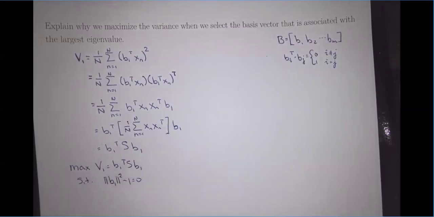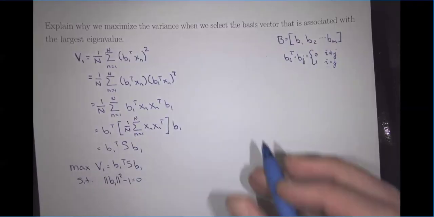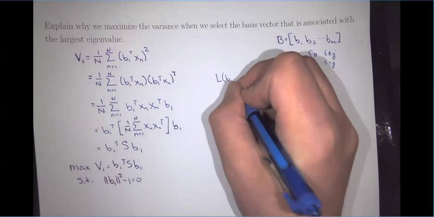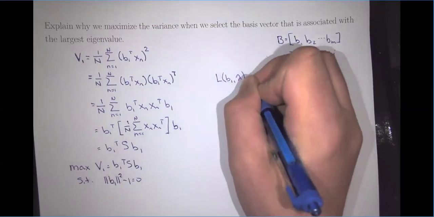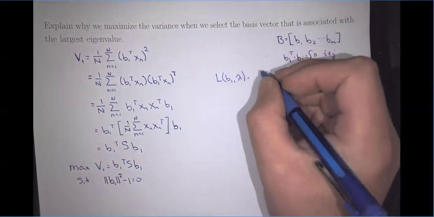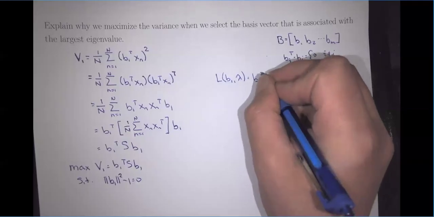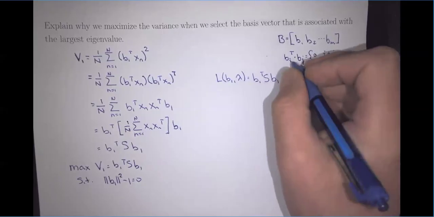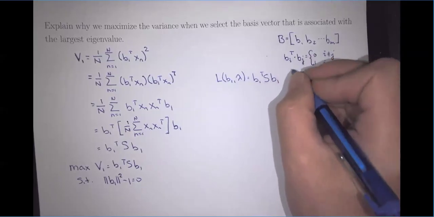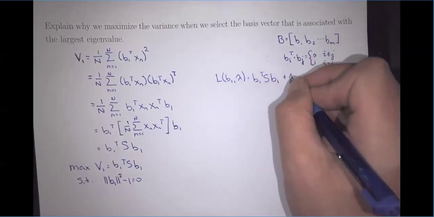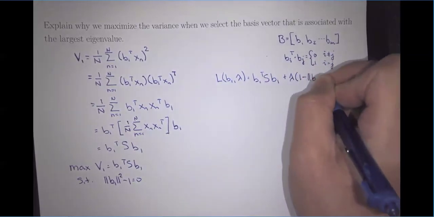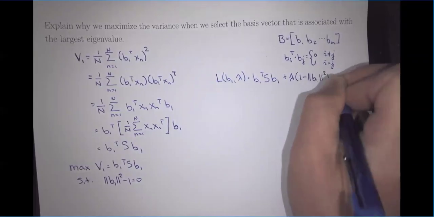Okay, now if we compute our Lagrangian, L of B1 and lambda is going to be B1 transpose S B1 plus lambda times 1 minus norm of B1 squared.